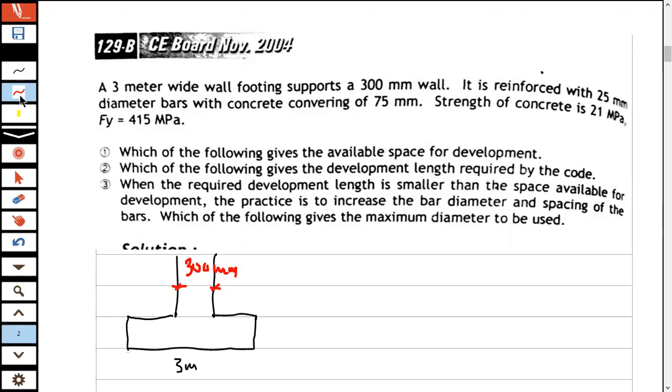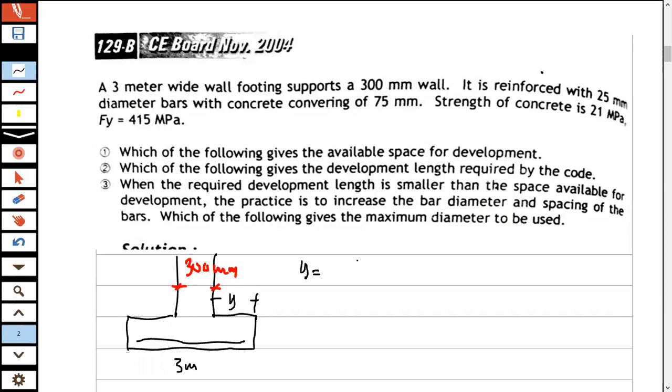Now the question is, okay, so this is our bar. The question is to compute what will be the available space. So what is this distance? We're going to compute this distance. This distance, let's say this one is y.